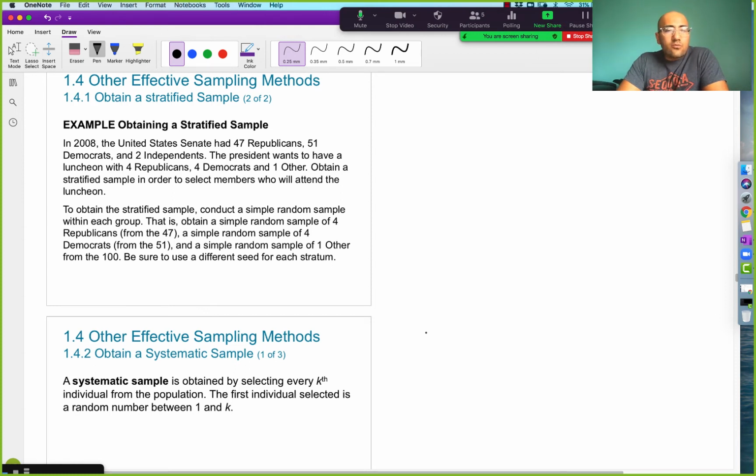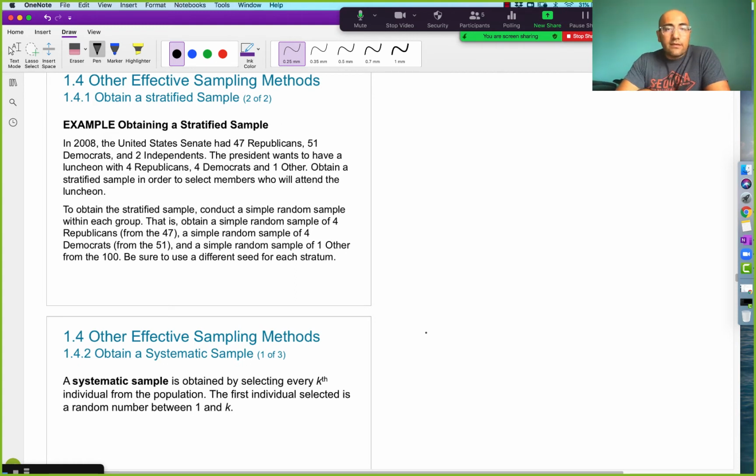So if you just say any 9 people at random, then you are allowing the possibility that that sample of 9 people has a different makeup than this, right? A president is asking for 4 Republicans, 4 Democrats, 1 other. Good. So a simple random sampling would not guarantee that for you.